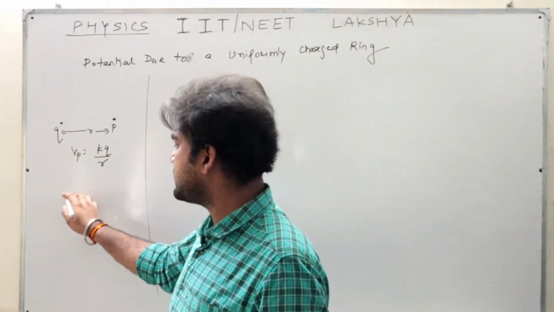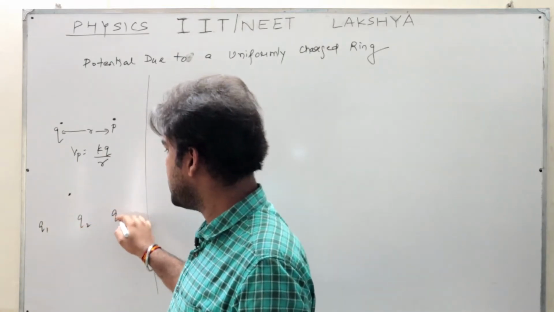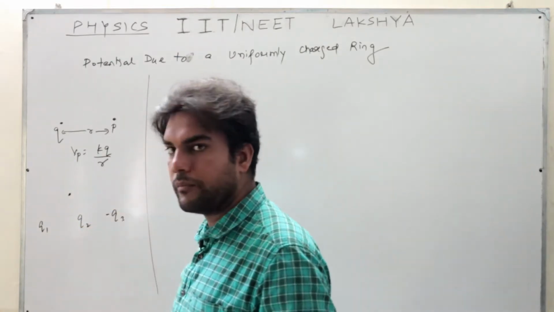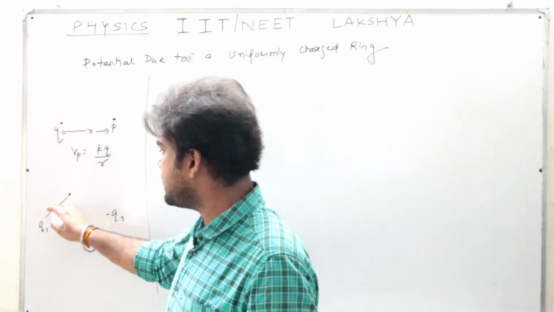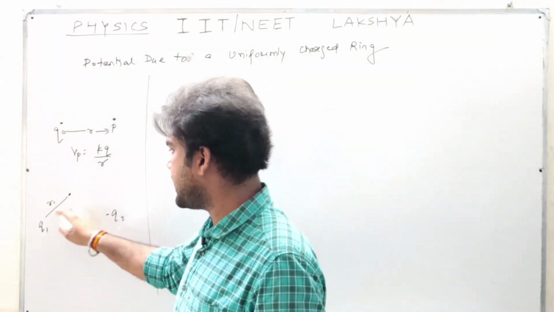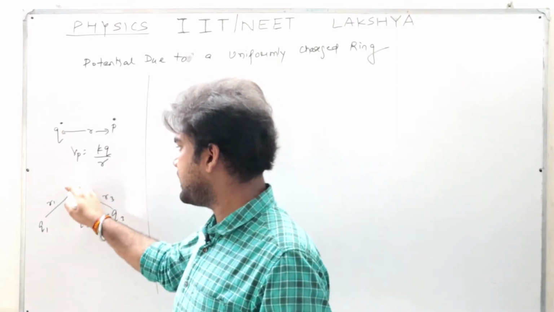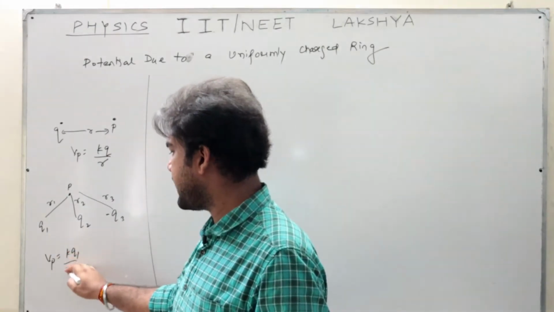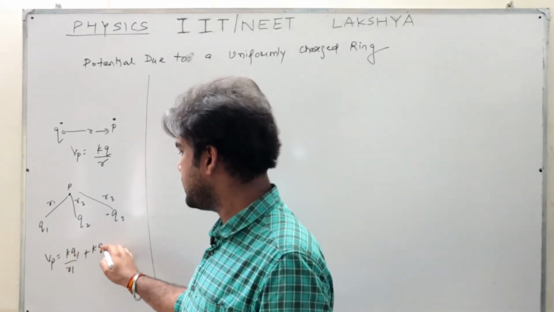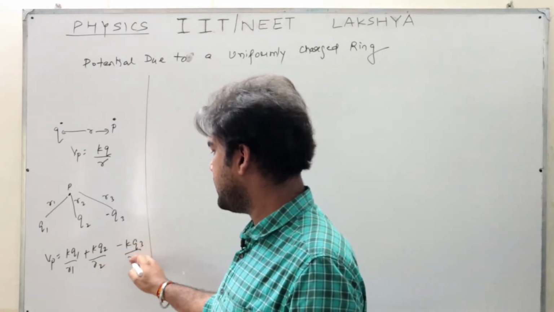And suppose there are three charges, let us say q1 is here, q2 is here, and this is a negative charge, minus q3. Let us say the distances from q1, q2 and q3 are r1, r2 and r3. Then we can write the potential at point p as kq1 by r1 plus kq2 by r2 minus kq3 by r3.